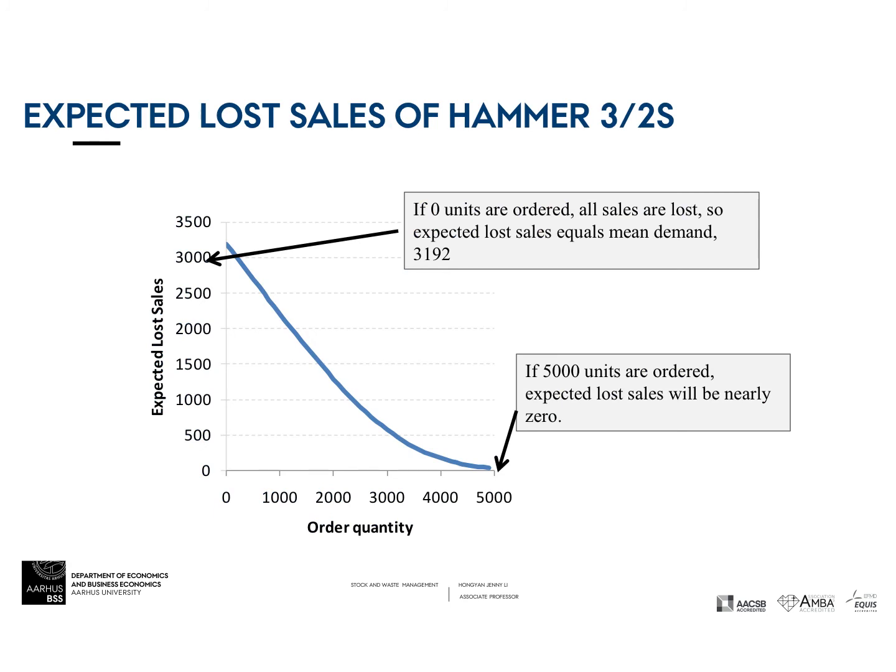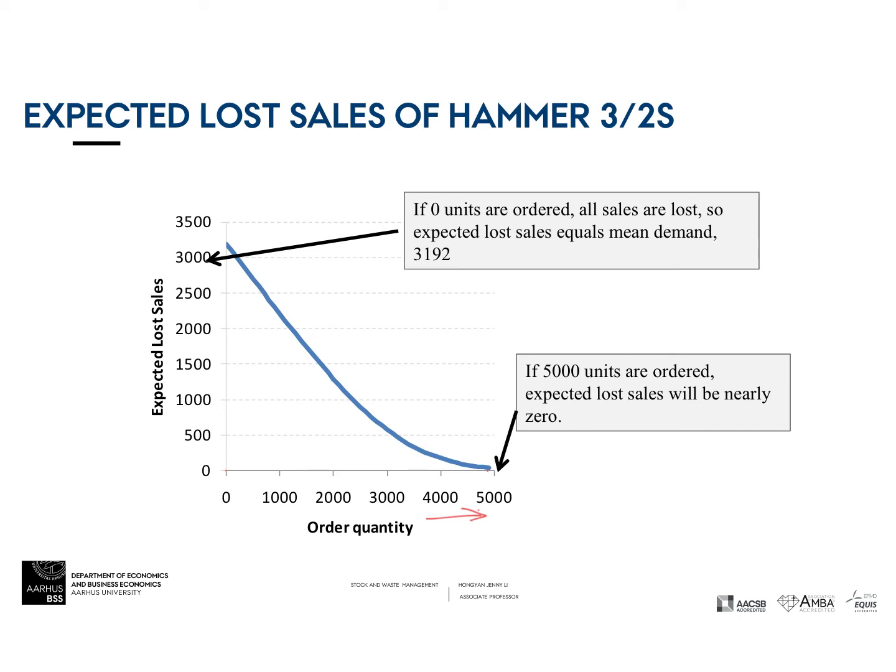This figure plots the expected lost sales for different order quantities. The general information you can discover is that the more you order, the fewer lost sales you have. For example, if you order nothing, you lose basically the entire market. And if you order 5,000, you have a very small chance of lost sales.